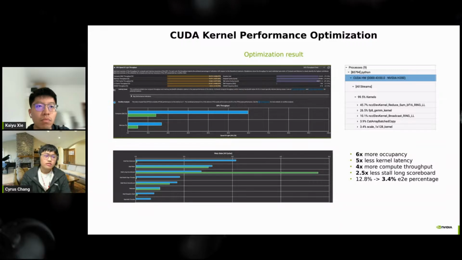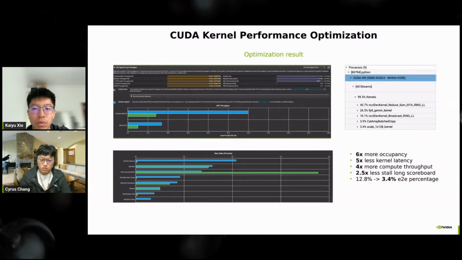After the optimizations, let's see the results. Compared with the original kernel, the optimized kernel has 6x more occupancy, 5x less kernel latency, 4x more compute throughput, as we can see in the blue and green chart, and 2.5x less long scoreboard.